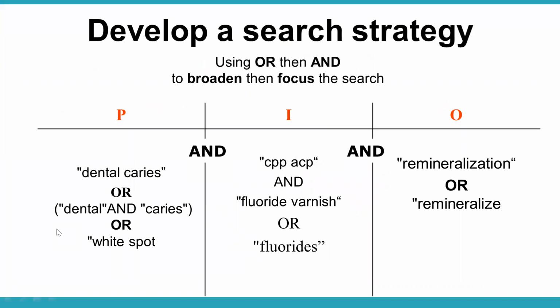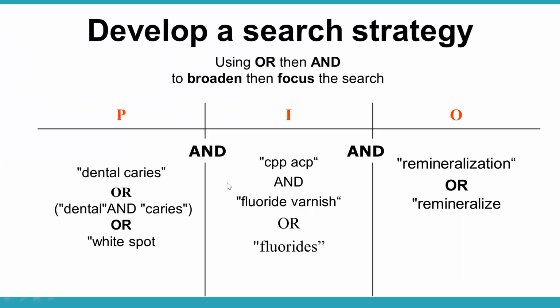So let us develop a search strategy using these Boolean operators. It is used to broaden and then focus the search. If we use OR, it will broaden. And if we use AND or NOT, it will focus the search output. So again, going back to our search question, our P can be dental caries, dental AND caries, or white spot.